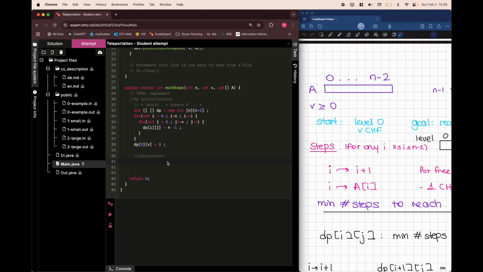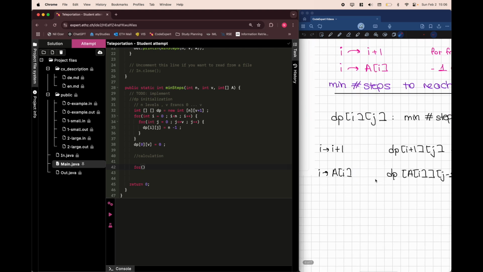The most important thing that you have to decide here is where your for loops start and end. We need to do this with increasing i and decreasing j, right? Because we start at level 0 and reach level n-1, and we start with v francs and potentially reach 0 francs or not at all.